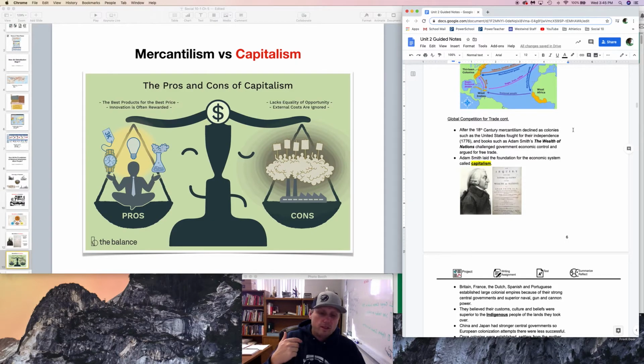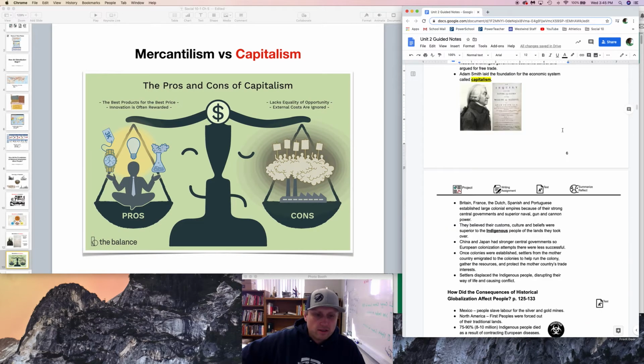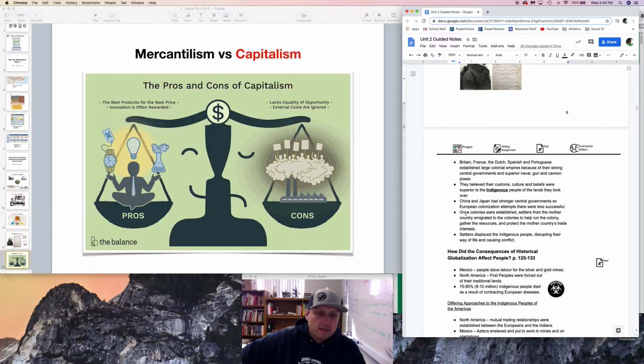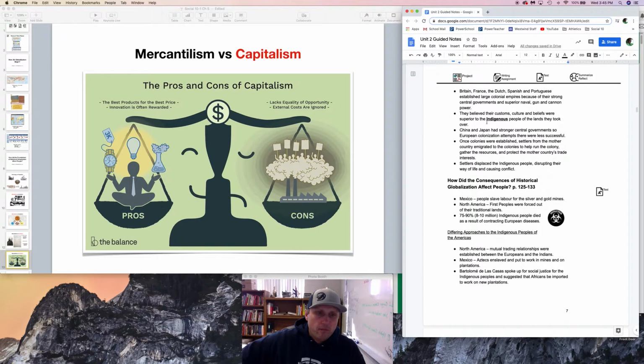And of course, you have, with all that, the chance that people are being corrupt and doing shady things just to earn money. So that's all important. In these notes, on this page 5, you've got a little bit of some examples through other places in the world like Japan and China.